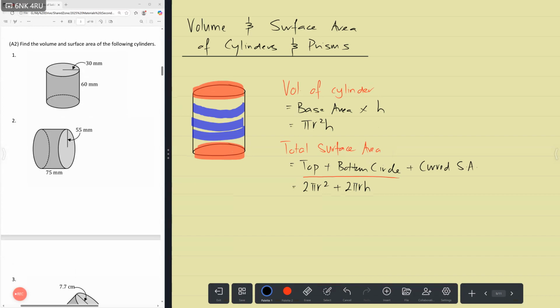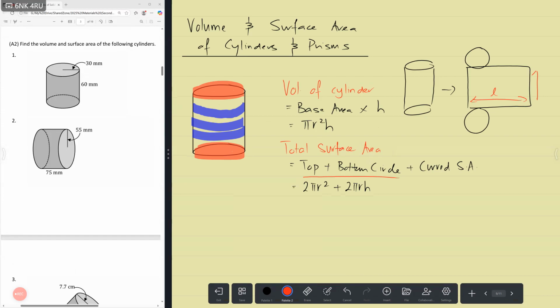What I'm trying to say is, if you cut it out, you will get this rectangle, and this is the top part and this is the bottom part. This one is the length, and this one is the breadth of the rectangle, correct?